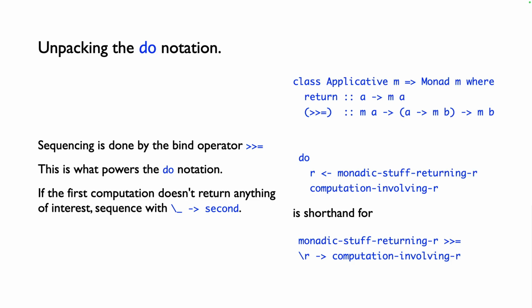So underneath the do notation is this bind, greater than equals operation. And as I explained earlier, I find the best way of understanding that is to think of it as a way of sequencing together functions that do side effects.